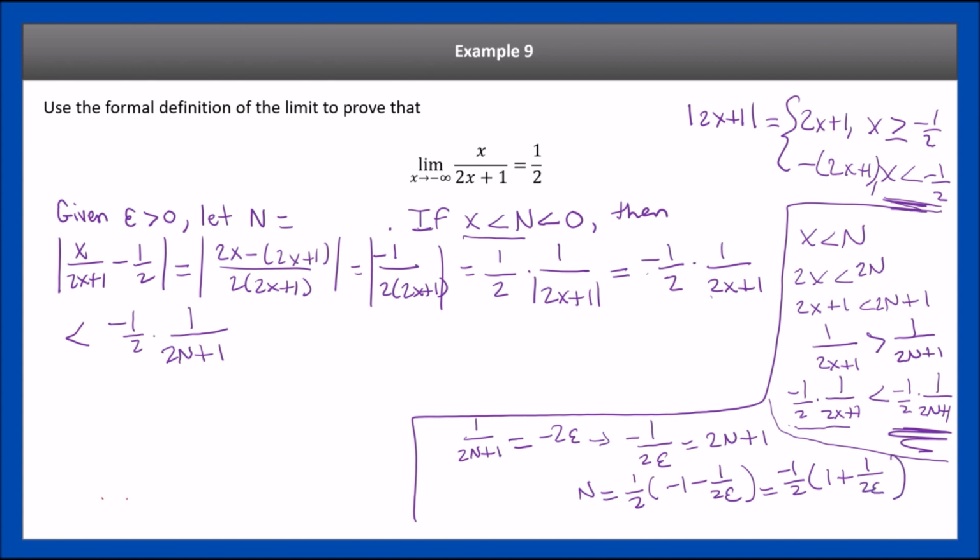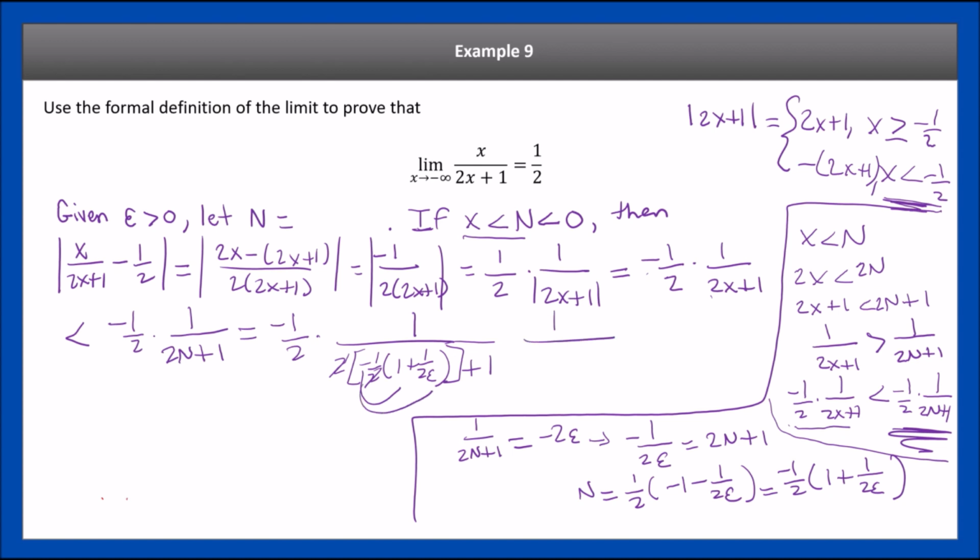Okay, so that's n. We're going to plug that in now into here and see if that works. So this is equal to negative 1/2 times 1 over 2 times that entire quantity plus 1. We notice that the 2's cancel out, and then we distribute the negative 1.